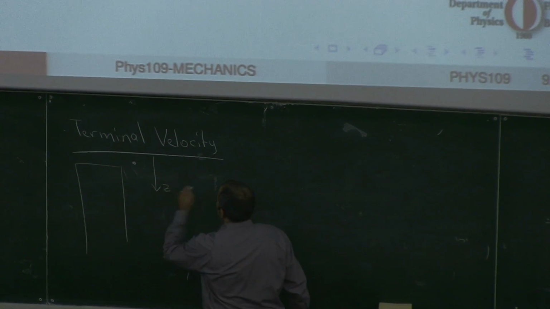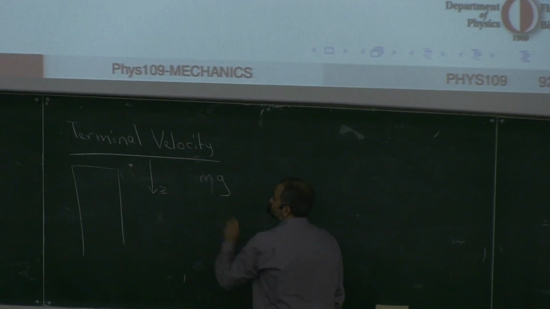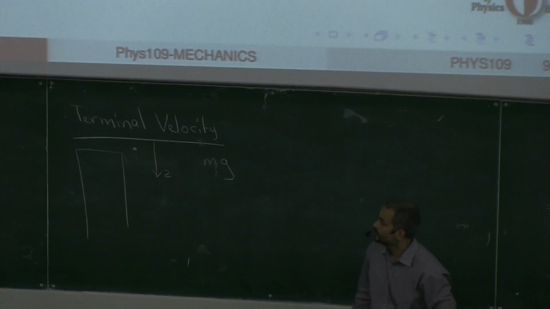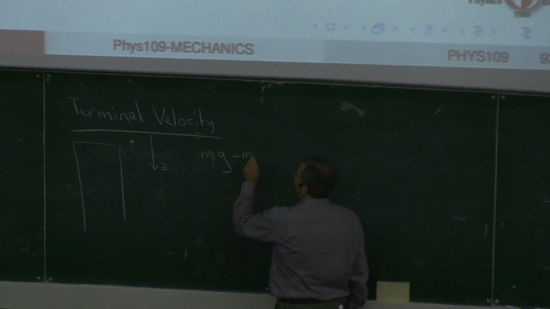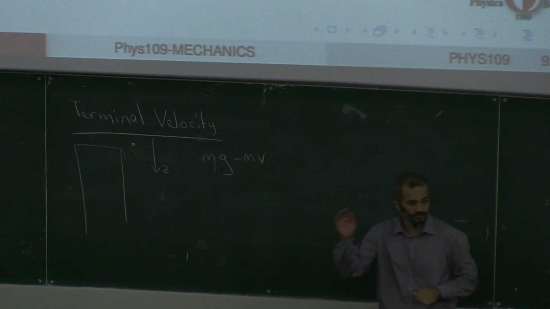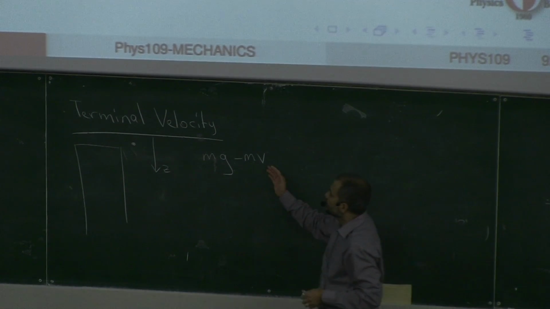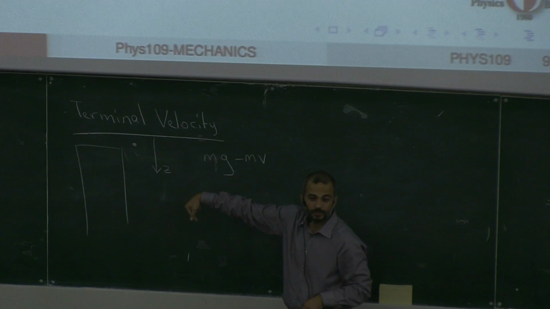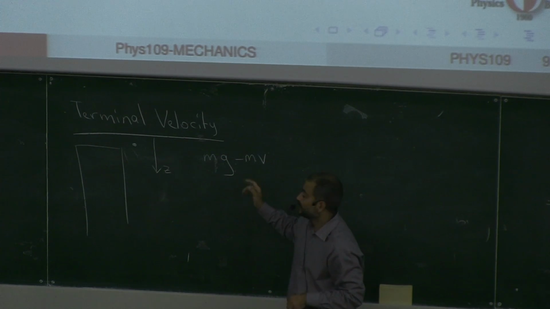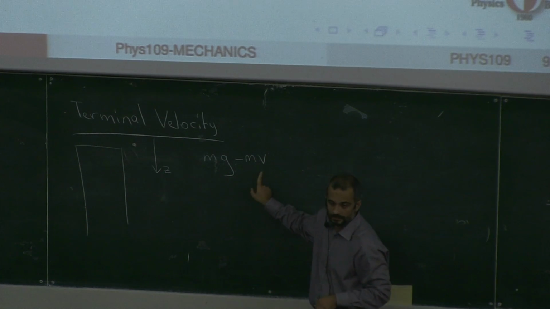So it feels a force due to gravity. This is the gravitational force, mg. It also feels a drag force, bv. If the velocity is positive, it is in the negative direction. If the velocity is negative, it will be in the positive direction. So this already takes into account that it is against the velocity.